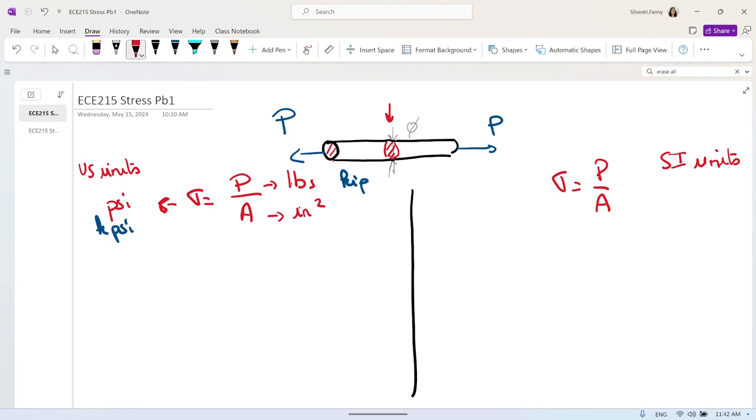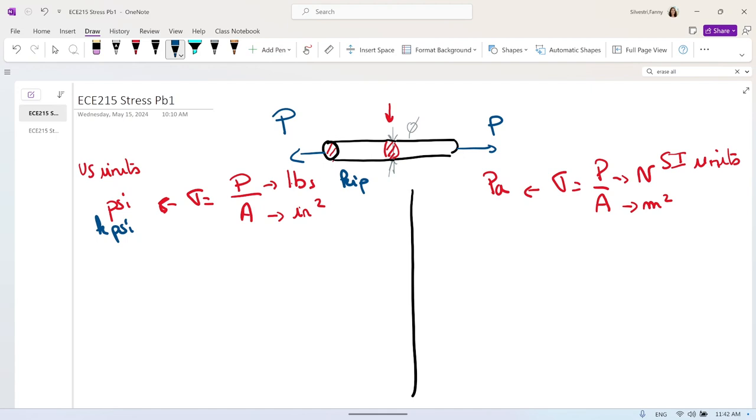Now for the international unit, we want the load, the force, in Newtons, and the area in meters squared. This is the default, and that will give us Pascals. Usually when we look at Newtons per meter squared, it gives us something very, very big.